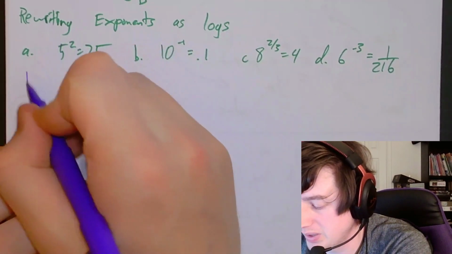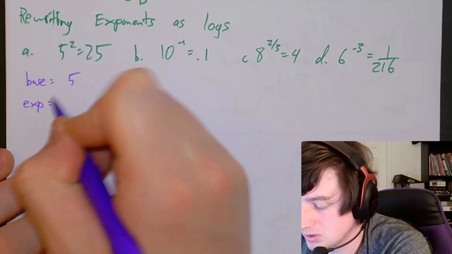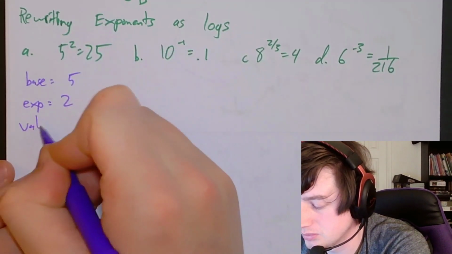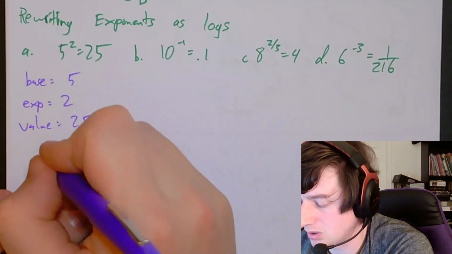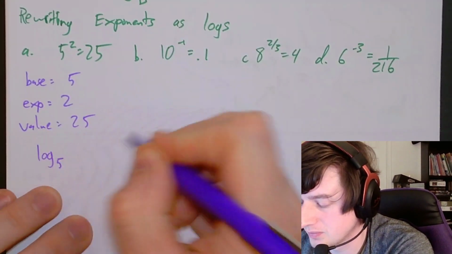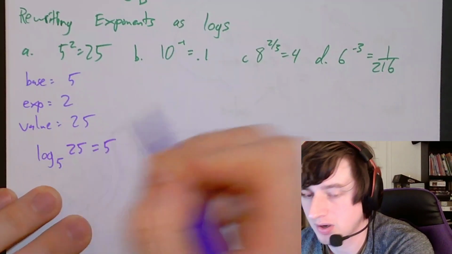So here, the base is 5, the exponent is 2, and the value is 25. So log with base 5 of 25 is 2.